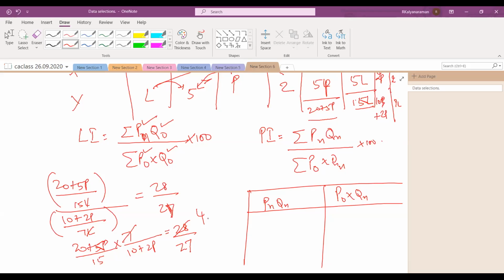Fisher's ideal index, Paasche's index, Laspeyres index, none. So Fisher's index satisfies. Fisher index does not satisfy what test? Circular test. So like this question can be asked. So how many tests of adequacy are there? 4.